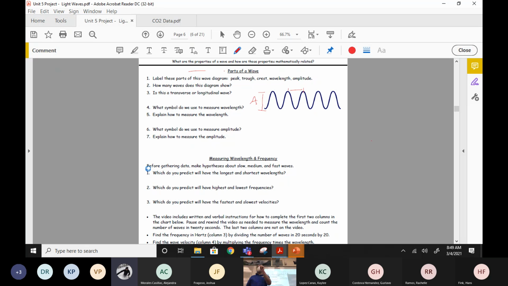Not quite frequency. The distance from one peak to another, isn't that a length? It is lambda, right? Lambda is the Greek letter L, which represents length, which in this case is the wavelength. Distance between one peak and another, I'm going to label it as lambda.